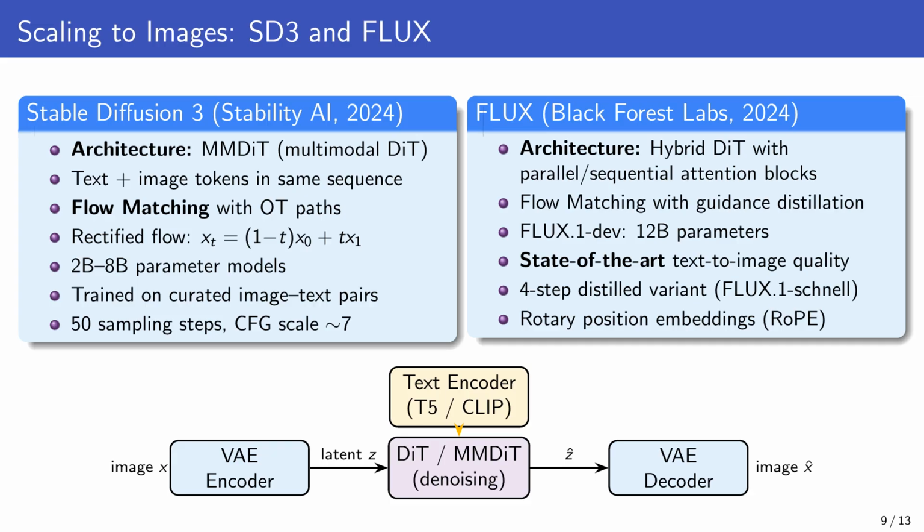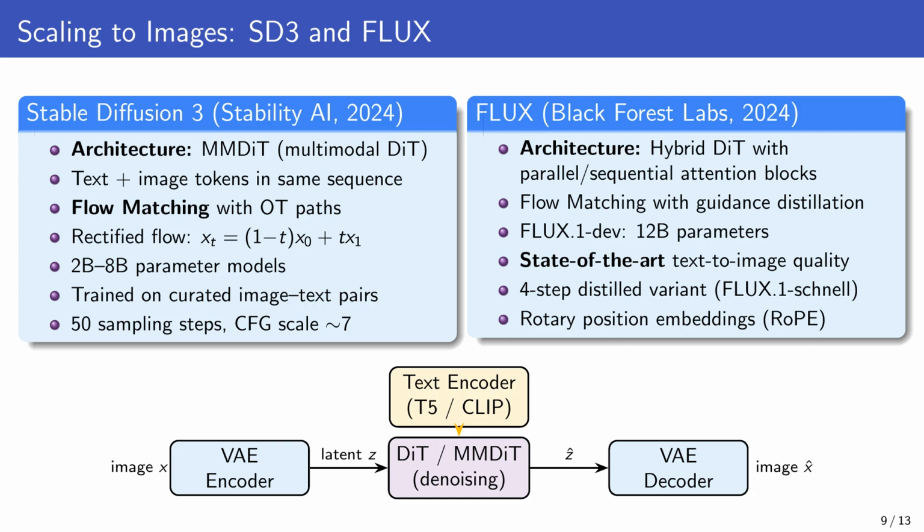Crucially, it uses flow matching with OT paths, not traditional diffusion. The interpolation is the rectified flow formula: xt equals (1 minus t) times x0 plus t times x1. Models range from 2 to 8 billion parameters. It typically uses 50 sampling steps with a classifier-free guidance scale of about 7.